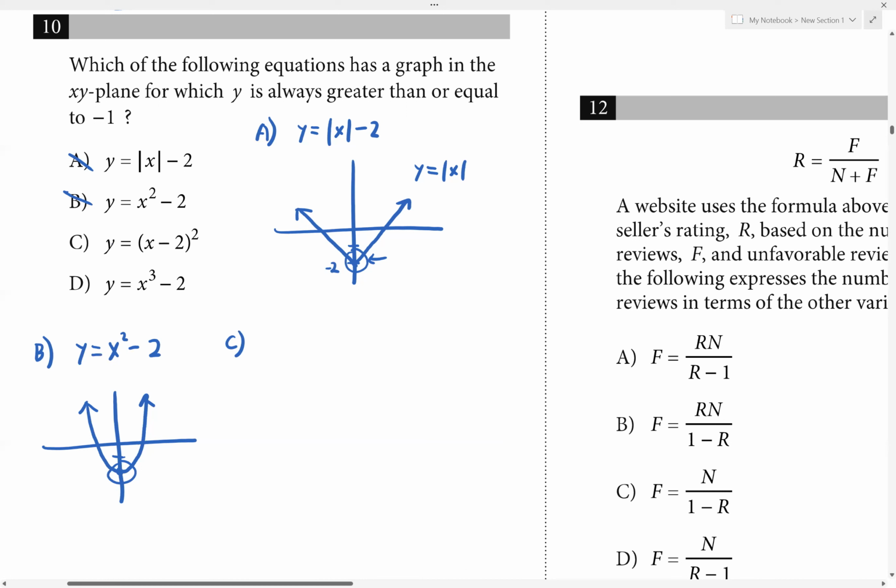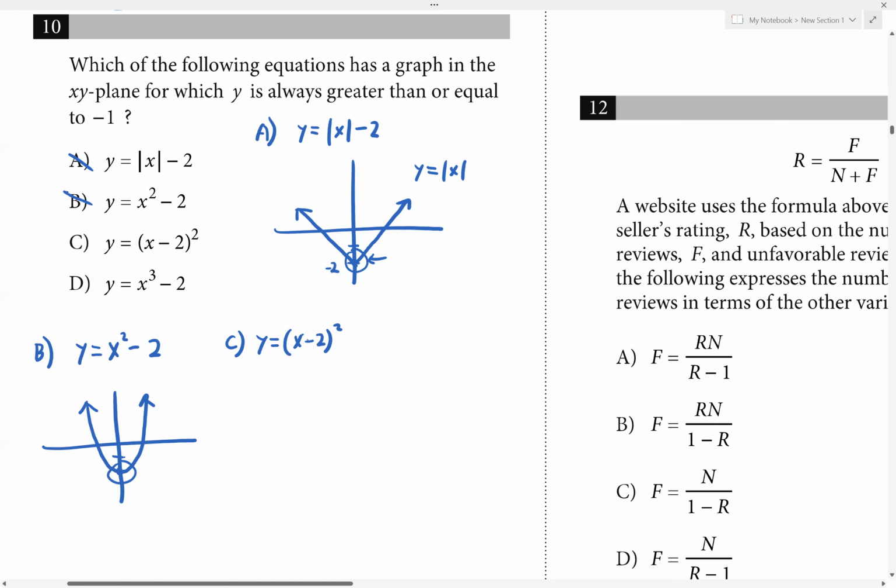All right, how about letter C? We have y equal to (x minus 2) squared, so x minus 2 in the parentheses, squared. Whenever we have something inside the parentheses like a minus here, this is a horizontal shift, and it's a -2.